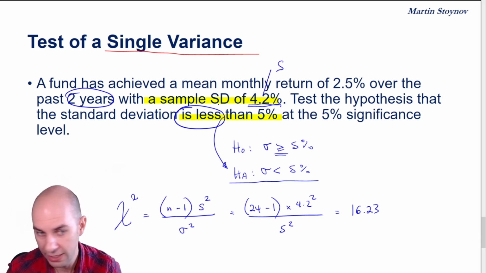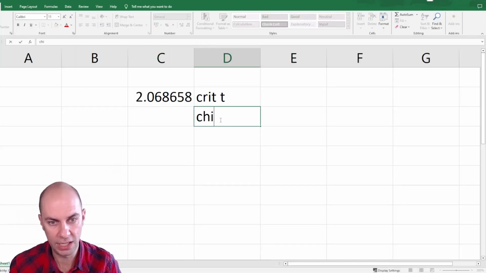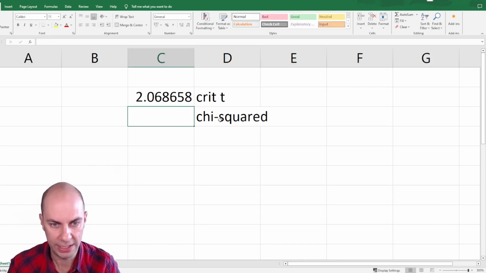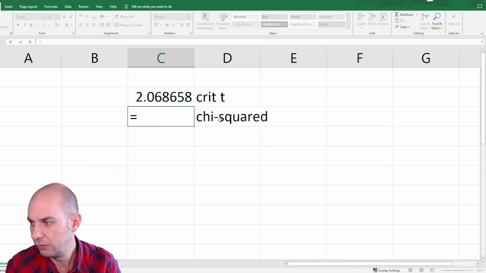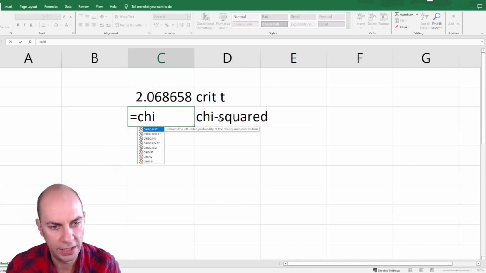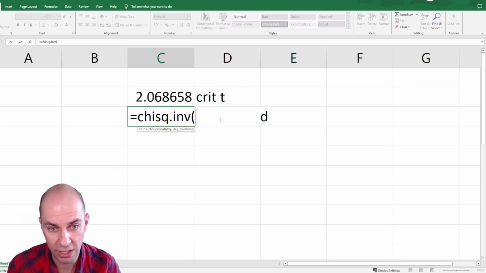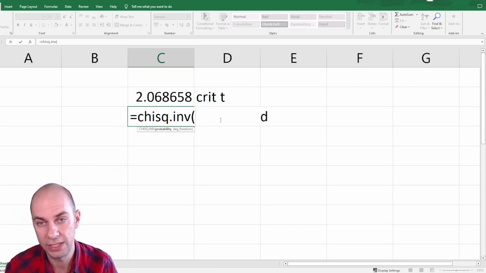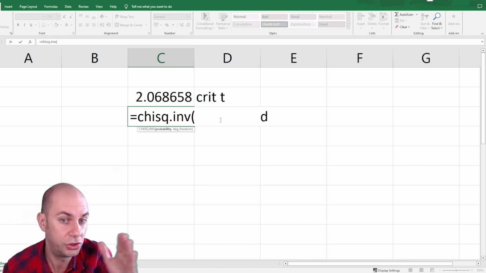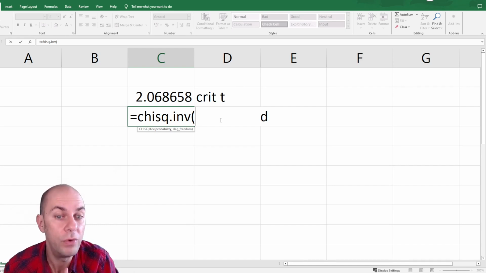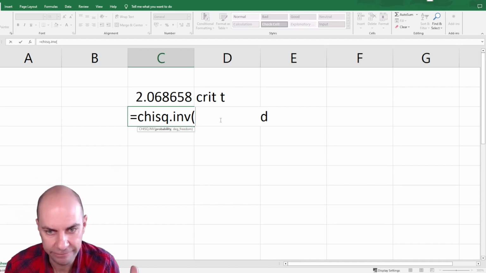So back to Excel then, chi-squared, okay. Well, here we'll just use the chi-squared function, dot inverse. Now it does come with two functions, .INV and .INV.RT. RT is for the right tail, but we don't need a right tail here because it is a one-tail test where we are just looking at the left tail. Are we having a standard deviation that is less than 5%?